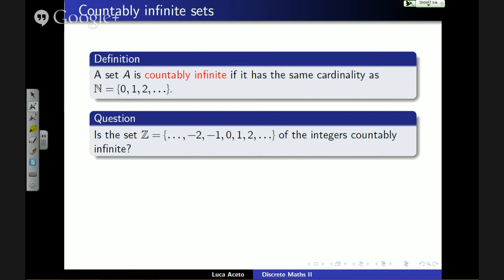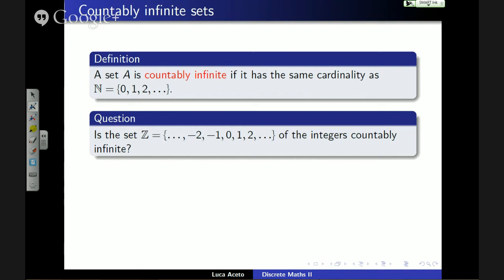Now, how about the set of the integers? Is it countably infinite? I asked Dr. X, and he said, come on, come on, come on. You convinced me that the set of the even numbers is the same size as the set of the natural numbers. But the set of the integers goes to infinity in two directions. It's bi-infinite.